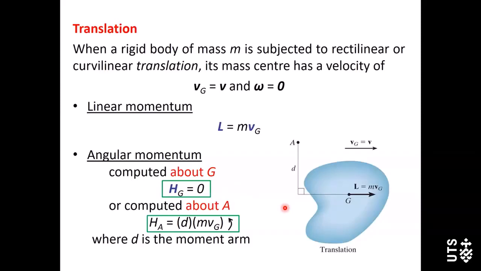We can select another point, for example point A, to do this calculation. If we select point A, then the angular momentum is not necessarily 0. It will be mvg times the distance d from A to mvg.